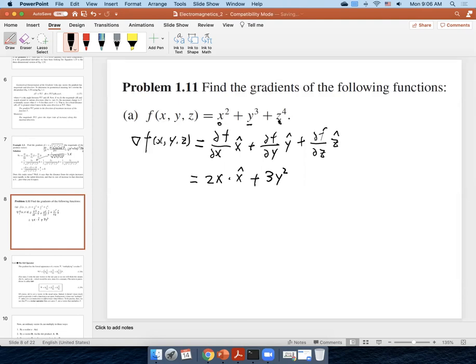The last term is 0, so in the y direction, plus partial f partial z. In this case, the first and second terms can be considered constant and their derivative is 0. Then for the last term, you have 4z cubed in the z direction. So that's the gradient of this function. Did you do it correctly?